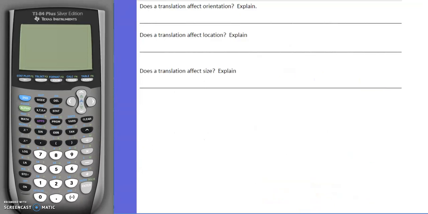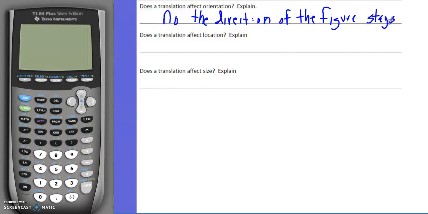Does a translation affect orientation? No. The direction of the figure stays the same. We're just sliding it. Does a translation affect the location?